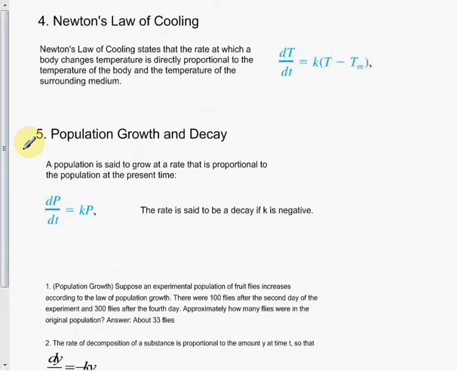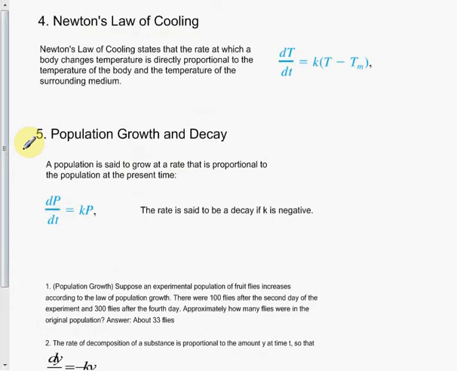Newton's law of cooling, which is a direct proportional problem, says that the rate at which a body changes temperature, that rate is classified as dT, right? The rate of change of the temperature with respect to time. So dT over dt is said to be directly proportional.